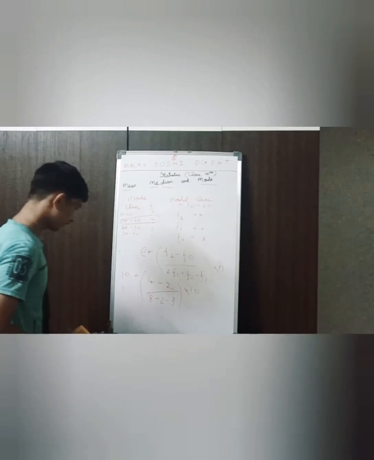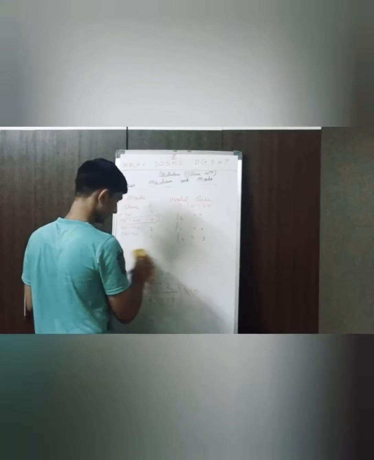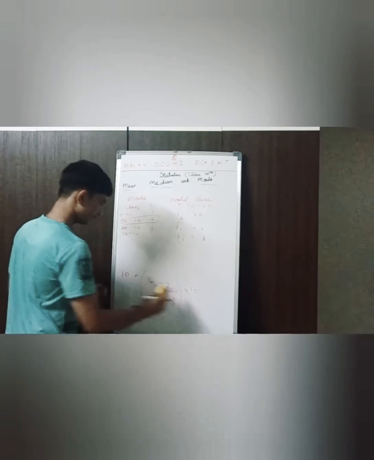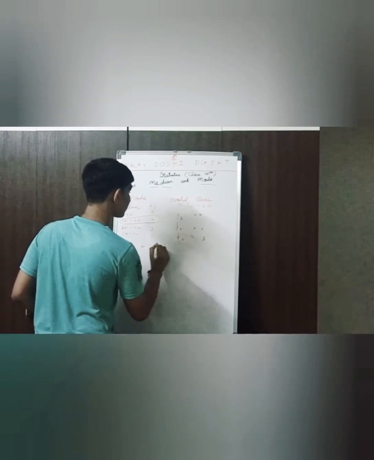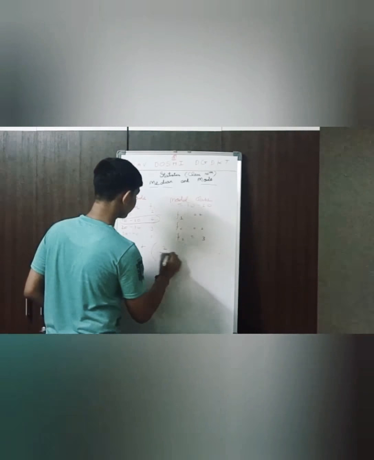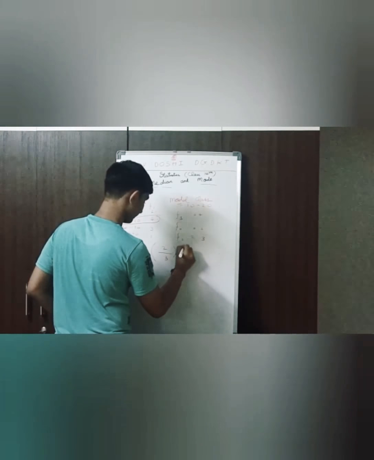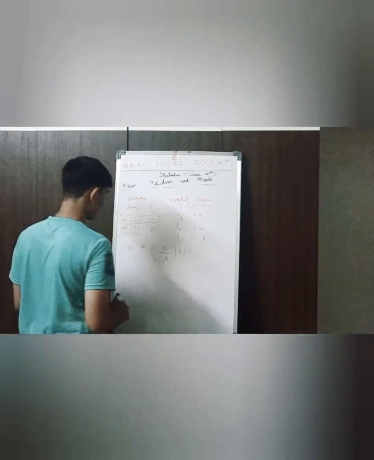Now we can calculate it. We will get 10 plus (4 minus 2) upon (8 minus 2 minus 3), into 10. On the values which I wrote there, you will get this.